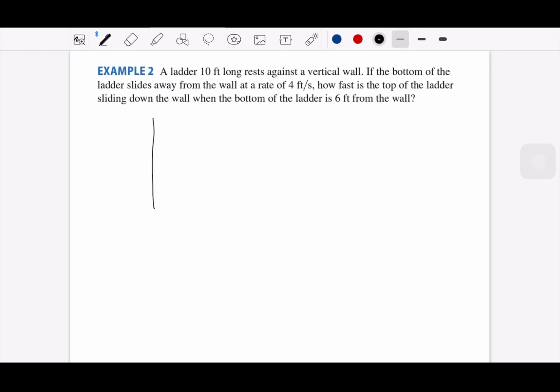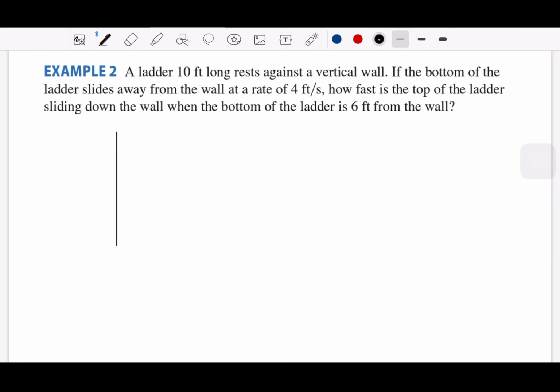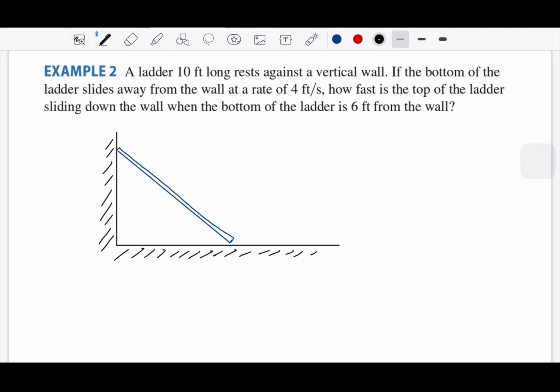Let's say this is the wall, and this is the ladder. And this is the ground. This is 10 feet.